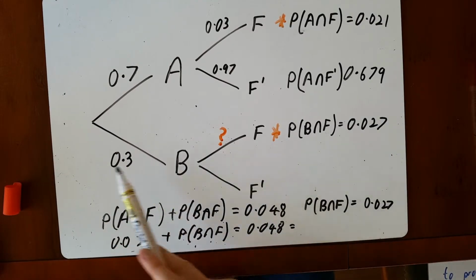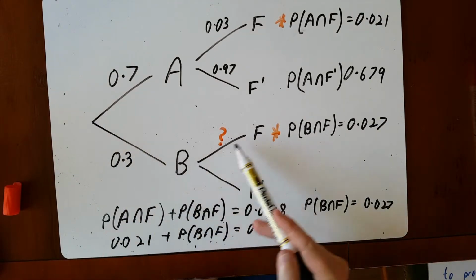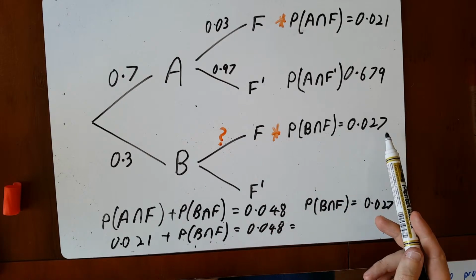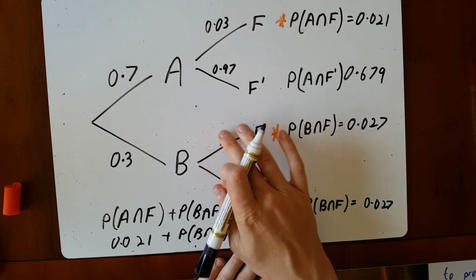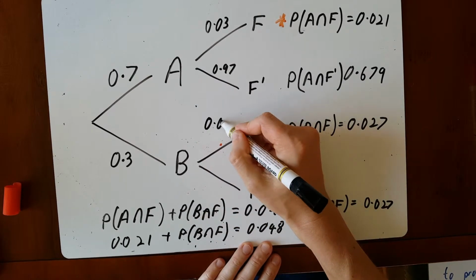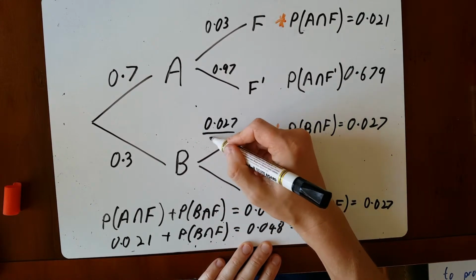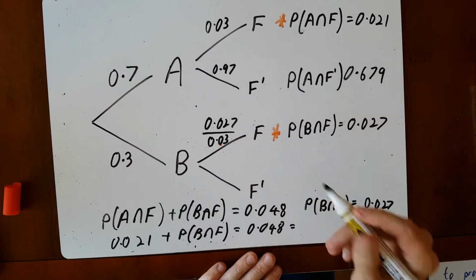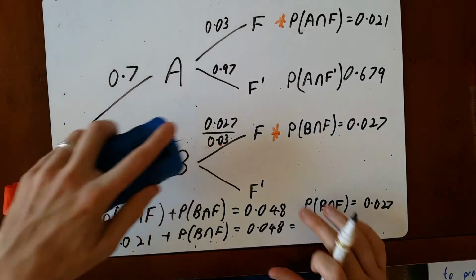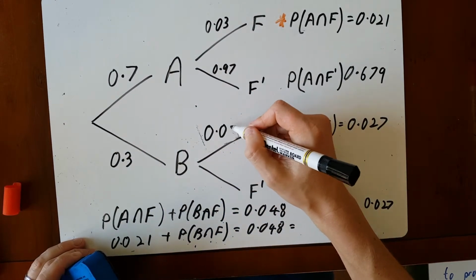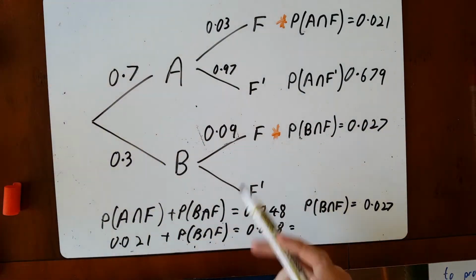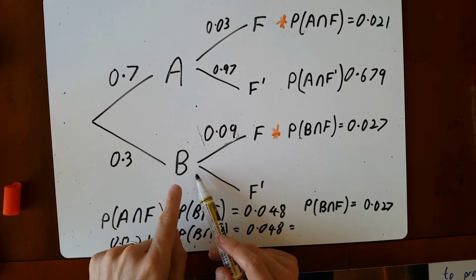I know I would get that number by doing 0.3 times this equals that. I can work that backwards. I know that this number here must be 0.027 divided by 0.3. Put that in the calculator and it tells me that it is 0.09. A 9% chance of it being faulty given it was produced by B.